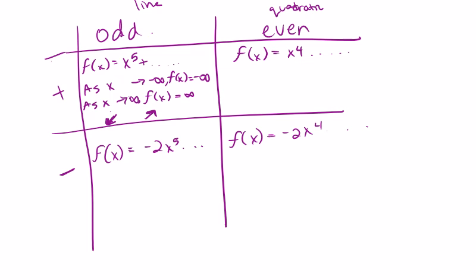Okay, so what would a quadratic be? Up and up. So as x approaches negative infinity, f(x) approaches infinity. Sorry, guys, these should be these little arrows.